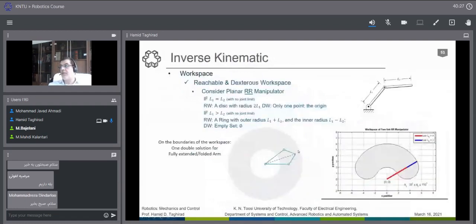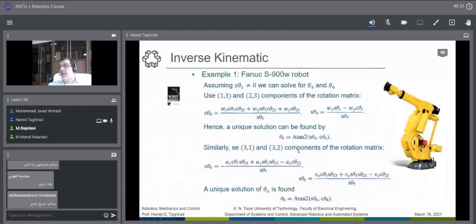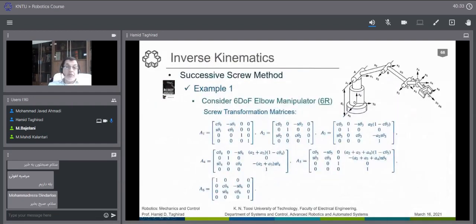So one part of given X is the position. Now go to our problem. One part of the given parameters is Qx, Qy, Qz. From Qx, Qy, Qz, we find Px, Py, Pz. One part of the given problem is the orientation of this end effector. The orientation is given by a rotation matrix, which can be written as UVW.